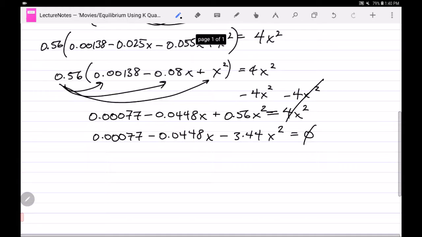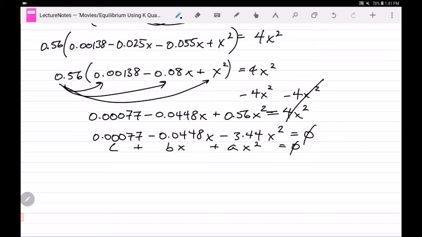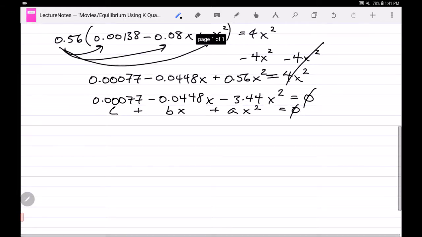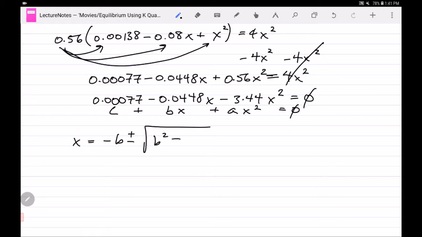And we'll end up with an equation that follows the general format, which I hope you're familiar with as the quadratic equation. So we'll need to use the quadratic equation to solve from here. x equals negative b plus or minus the square root of b squared minus 4ac all over 2a. We have our c, we have our b, and we have our a.